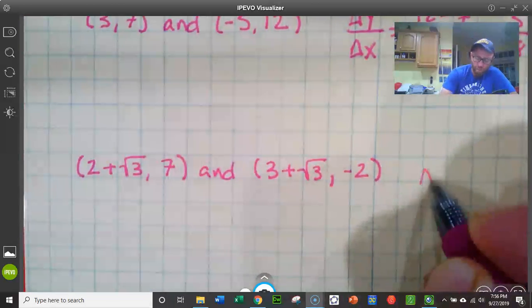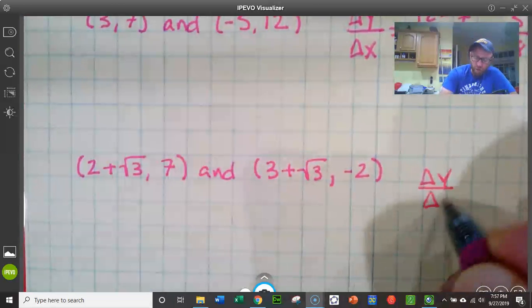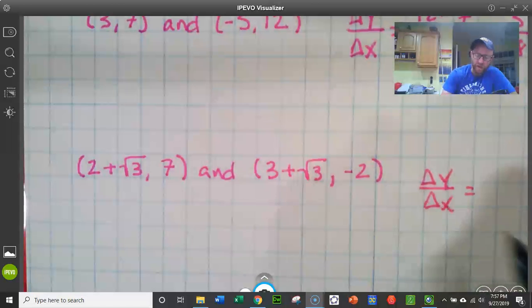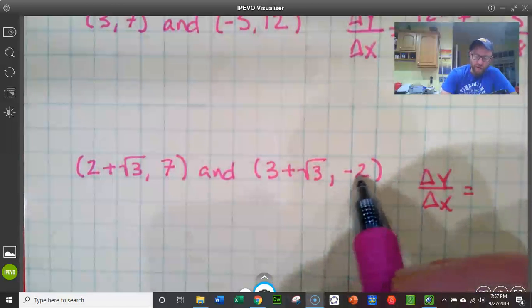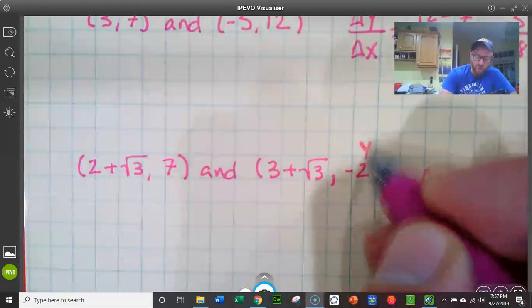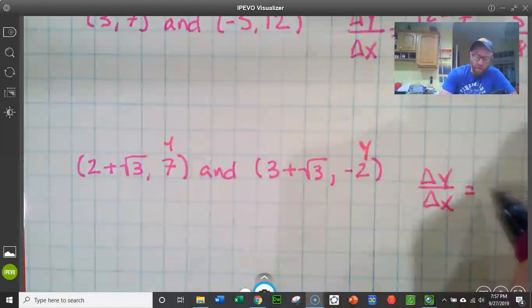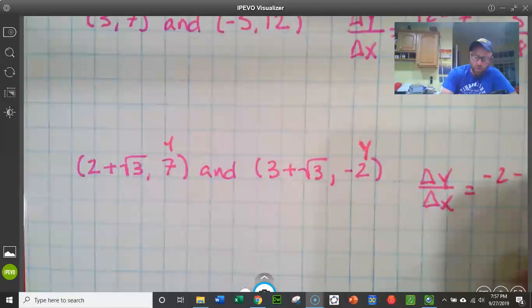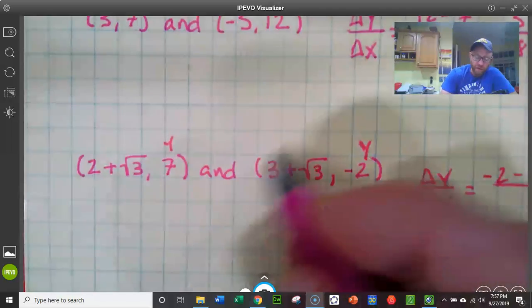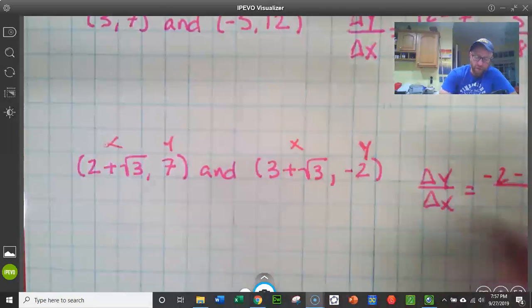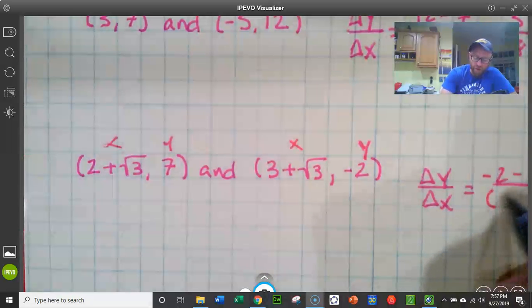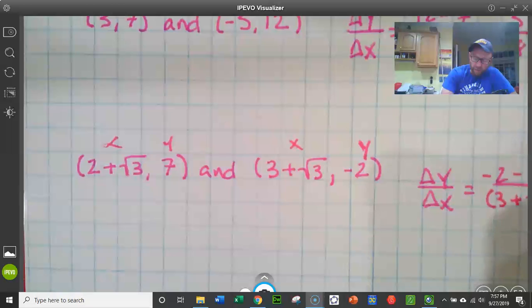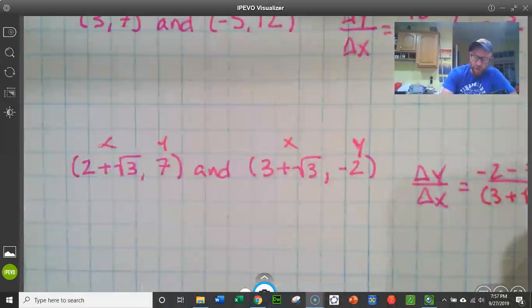So we have our change in y over our change in x. Our change in y is negative 2 and 7, so we'll go negative 2 minus 7. Our change in x is going to be, I want to write this all in parentheses, (3 plus square root of 3) minus (2 plus square root of 3).